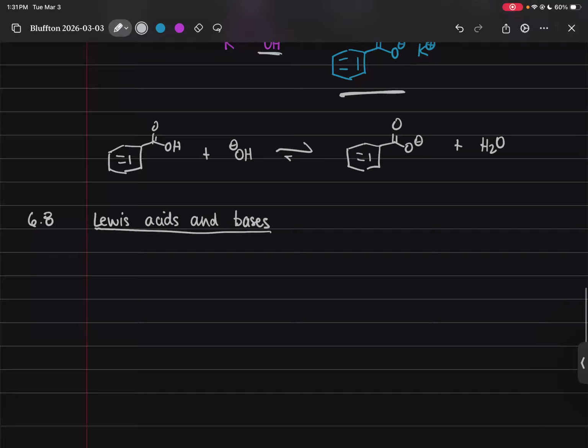All of the acids and bases we've talked about so far, we've been using the Bronsted-Lowry definition, which is that acids are the proton donors and bases are the proton acceptors. But there's a broader definition.